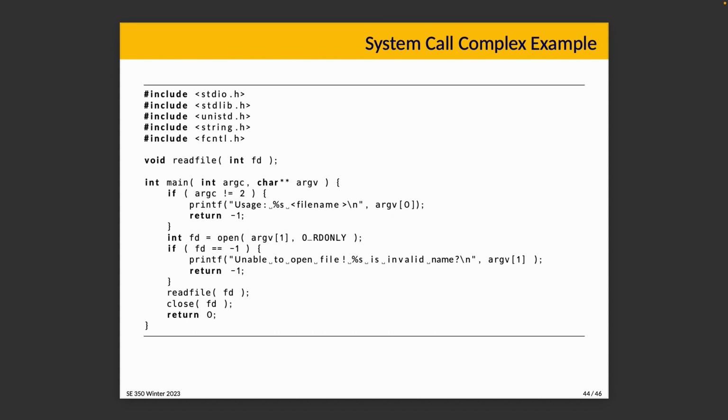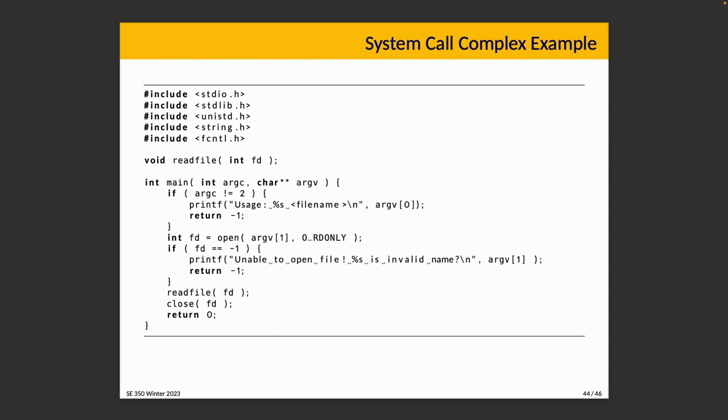If you wanted a more complex system call example, in this case we will have just a little program that is capable of doing everything that we've just discussed. We'll have our function prototype read file, which takes a file descriptor.